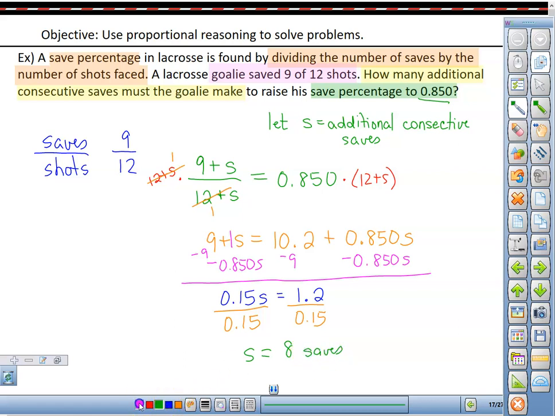So now I'm going to write that conclusion. So again, I was looking at how many additional consecutive saves the goalie has to make so that his save percentage is this.